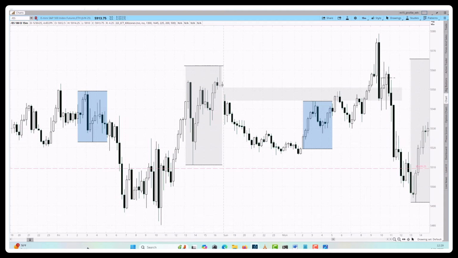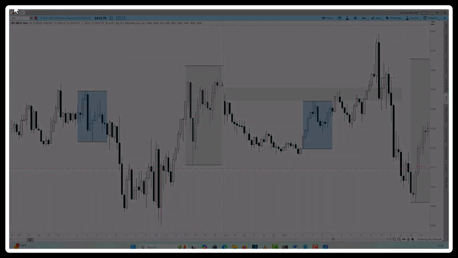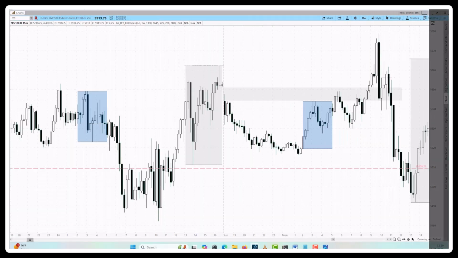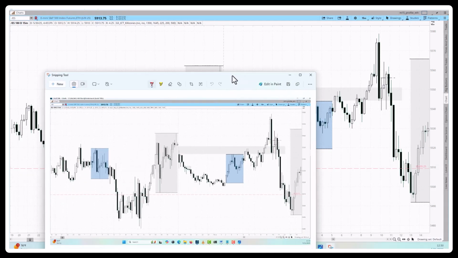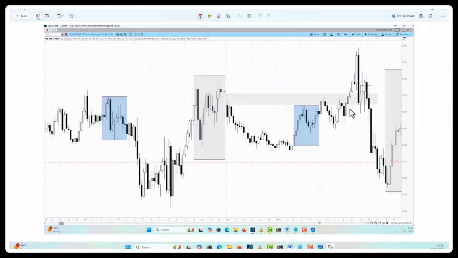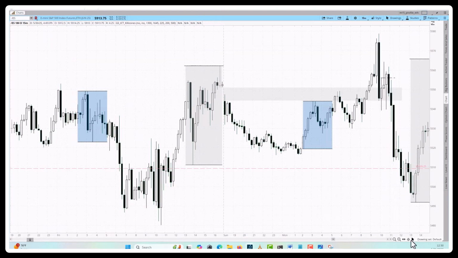All right, let's take the screenshot to do an analysis on this, to make our learning more fascinating right here. So basically we have the first move. We have the Judas swing. Remember, we have the Judas swing right here. Yeah, let's give it a little bit of time frame preference.